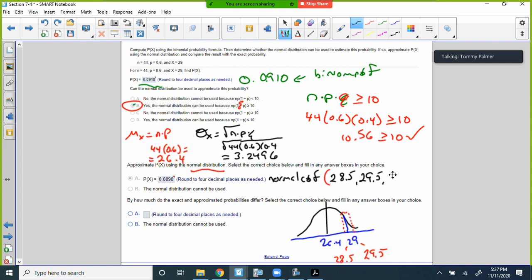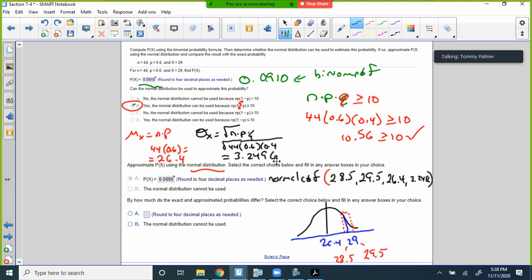And then we've got a mean of 26.4 and a standard deviation of 3.2496. You need to go out to about 4 or 5 decimal places on your standard deviation, if you don't want to type in the square root of 44 times 0.6 times 0.4.